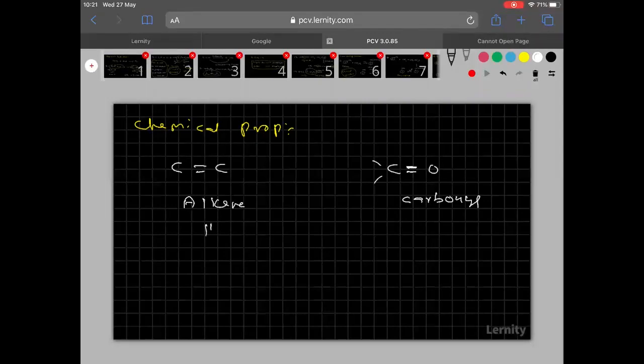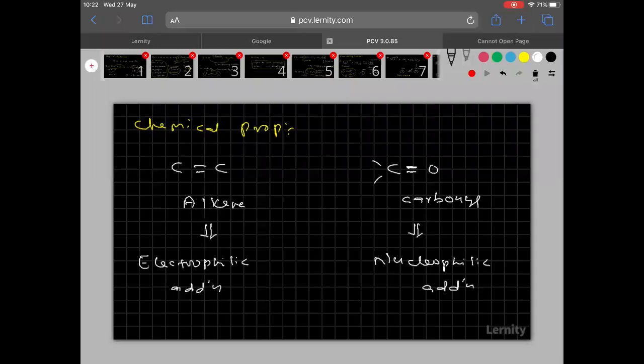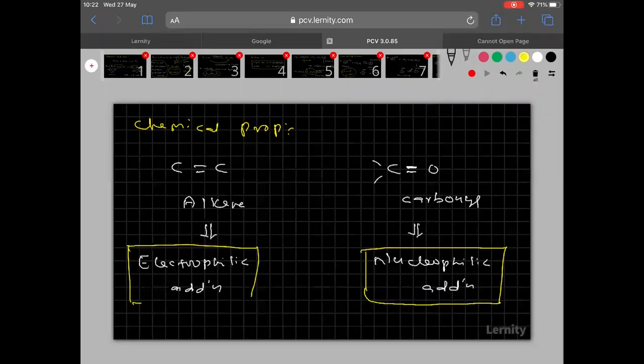Remember, alkenes undergo electrophilic addition, while carbonyl compounds undergo nucleophilic addition. I hope it is clear to everyone.